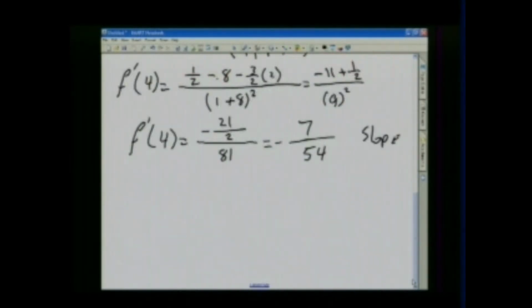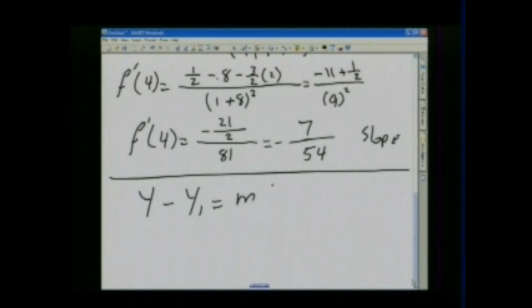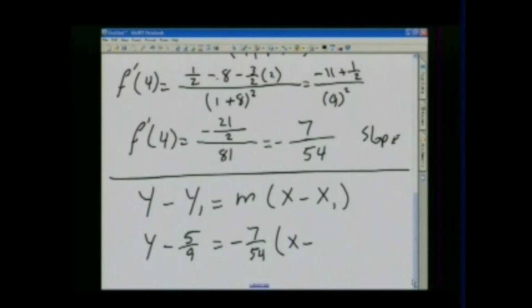Again, the formula says it is y minus y1 equal to m times x minus x1. So here would be y minus, y1 is given in the problem number 42 as 5/9, equal to slope, which is minus 7 divided by 54, times x minus, x1 is given again as 4.